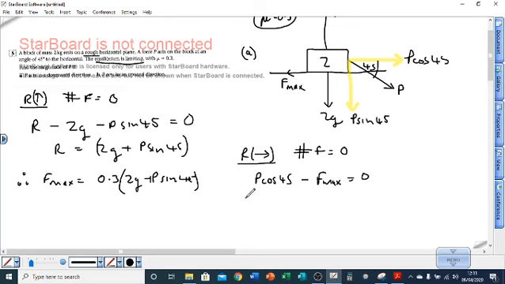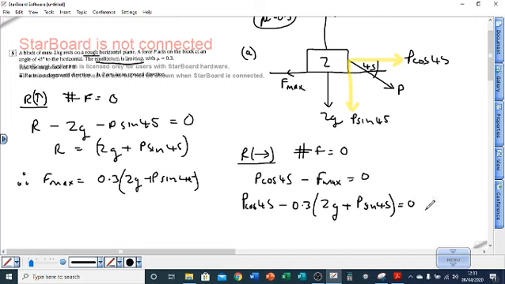Okay, so I've got P cos 45 minus F max, which is 0.3 multiplied by 2g plus P sin 45, and all of that is equal to 0.